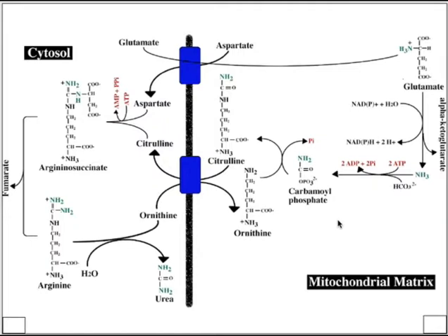Notice first that part of the urea cycle takes place within the mitochondrial matrix. Another part of that cycle takes place within the cytosol. So we are actually looking at a switch in compartmentation throughout the cycle.